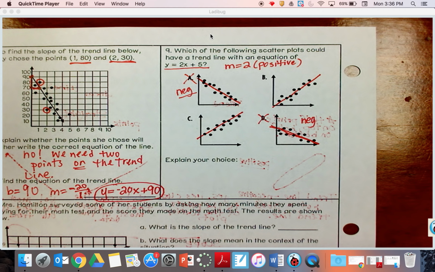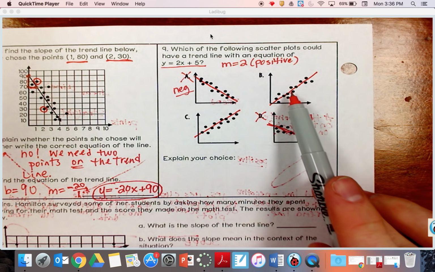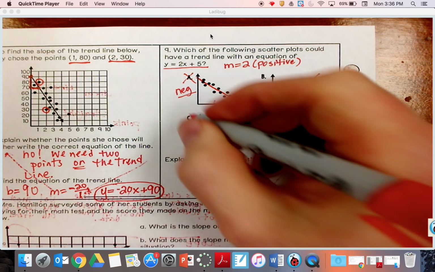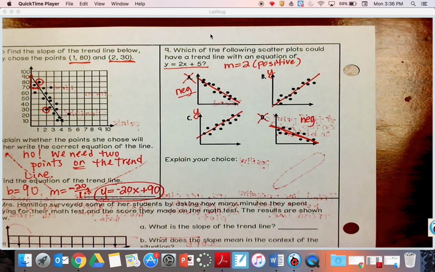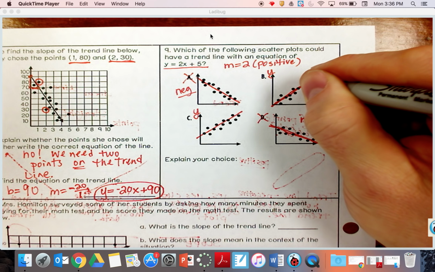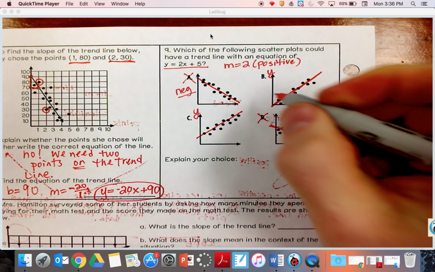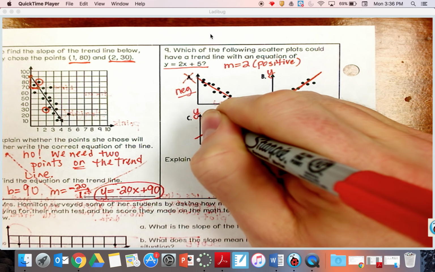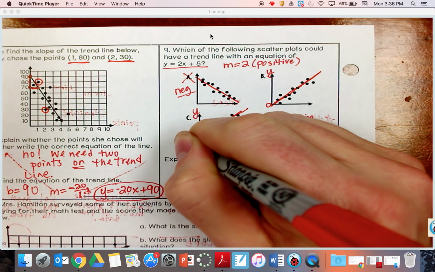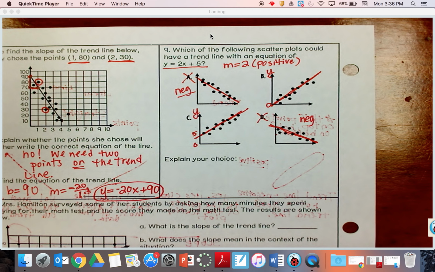Now I need to find out which one of these trend lines looks to be starting at 5 on my y-axis, so from B and C. If I look at B in my line right there, it looks like it's at 0. C, my trend line through here, if this is 0, that probably could be 5 if I wanted it to be there.